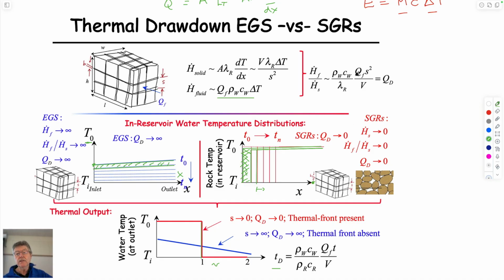Conversely, if you work with a system which has either a very large flux or very large spacing, so this system will be Q small or S small. They both have to be small for this to be small, and then you'd get this behavior.